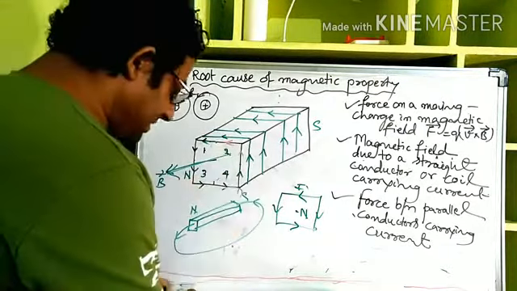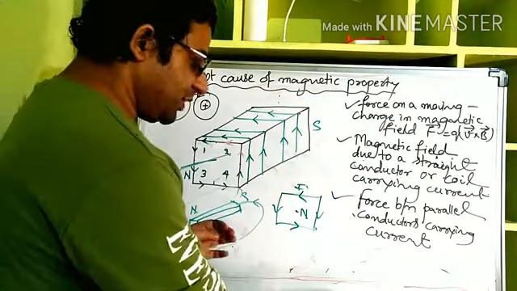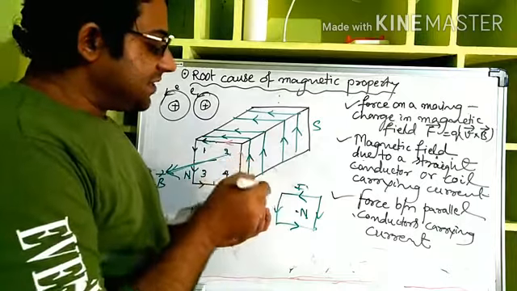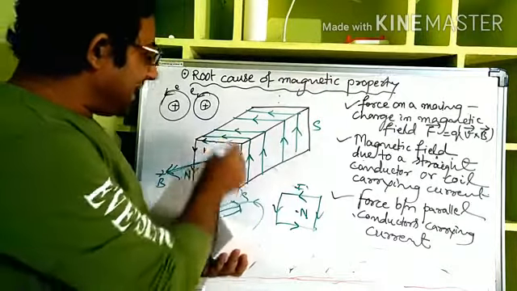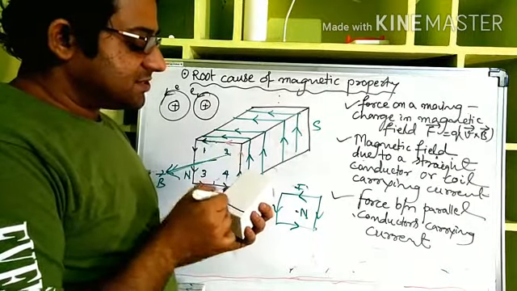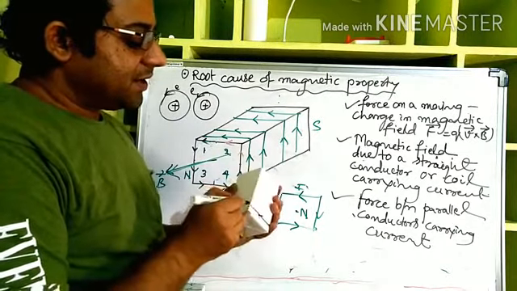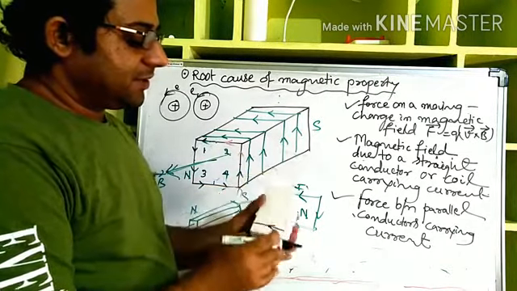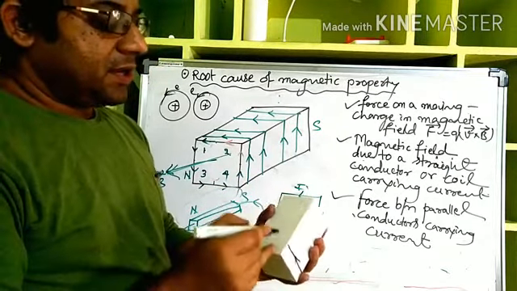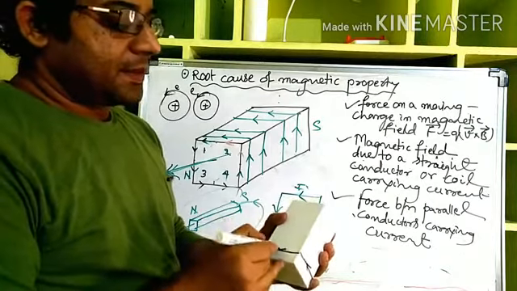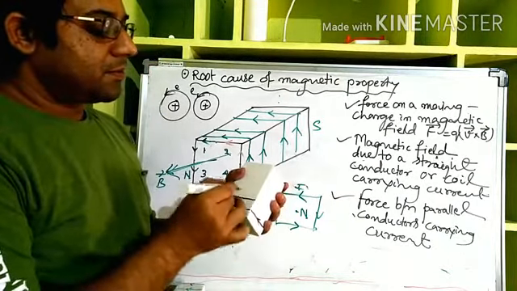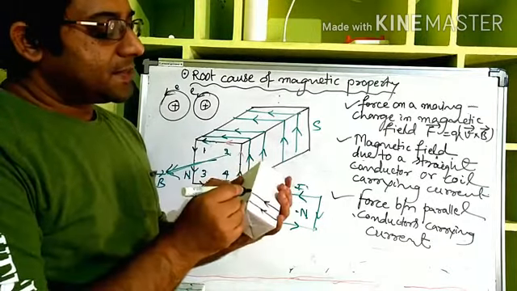Now I kept it this side. Let me show the same thing with a different color. Let us say this magnet also is aligned like this, with this concept only. Let us say this is coming like this, and that is being continued like this. Is it visible?